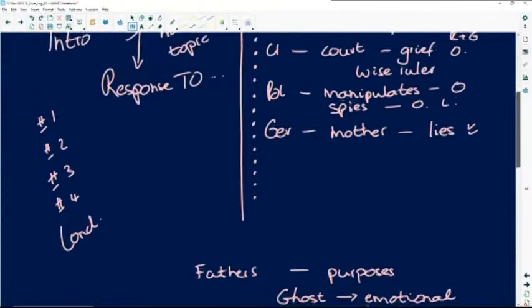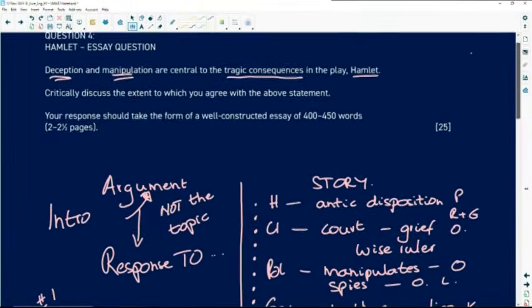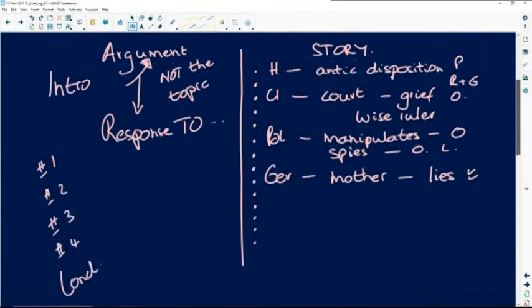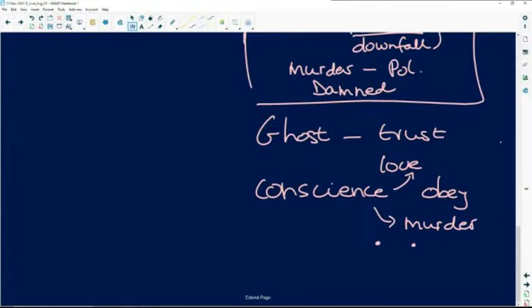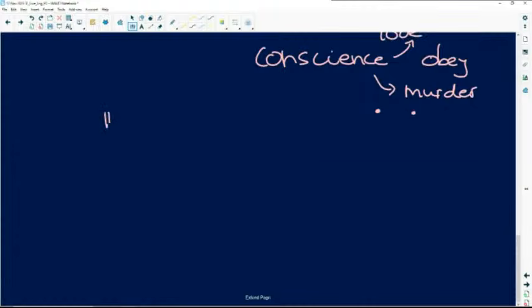So you go back to your topic each time, and you say, what's the argument going to be? Now, maybe you feel that the only character in the play that fits this description is Hamlet. Then you might like to argue that the other tragic consequence, how tragic it is, is debatable. It's not tragic in the Aristotelian sense, but there's a lot of death in the play.